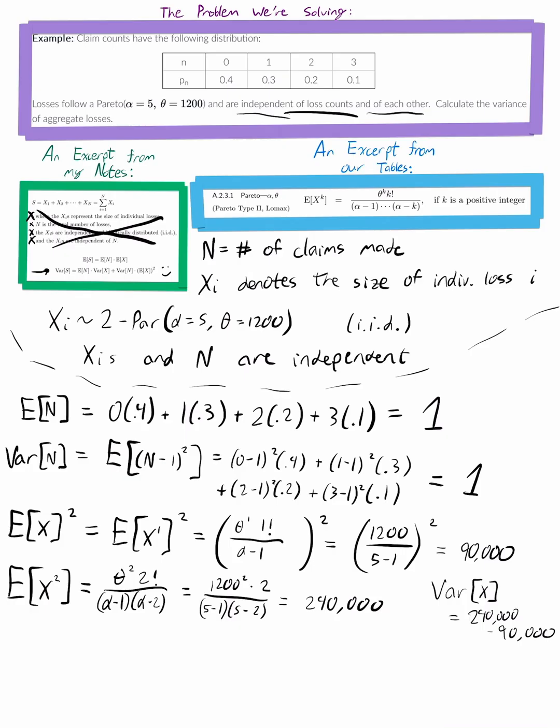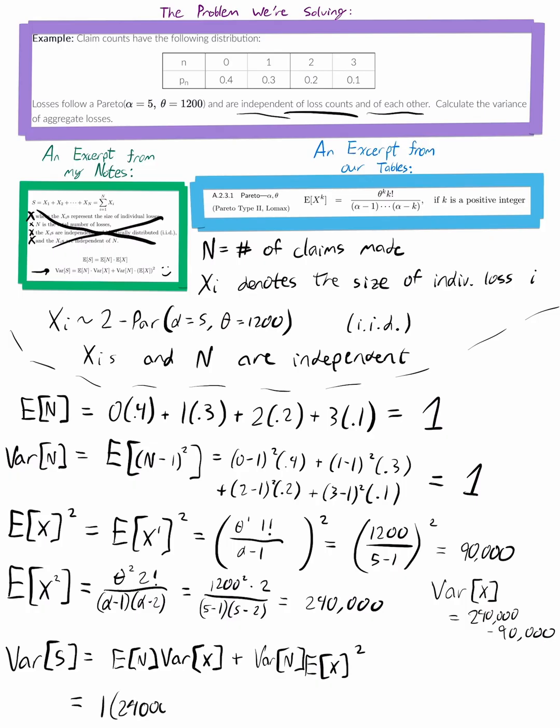So finally, let's put all this together. Variance of S is the expected value of N times the variance of X plus the variance of N times the square of the expected value of X. Plugging in our values, we get 1 times 240,000 minus 90,000 plus 1 times 90,000.